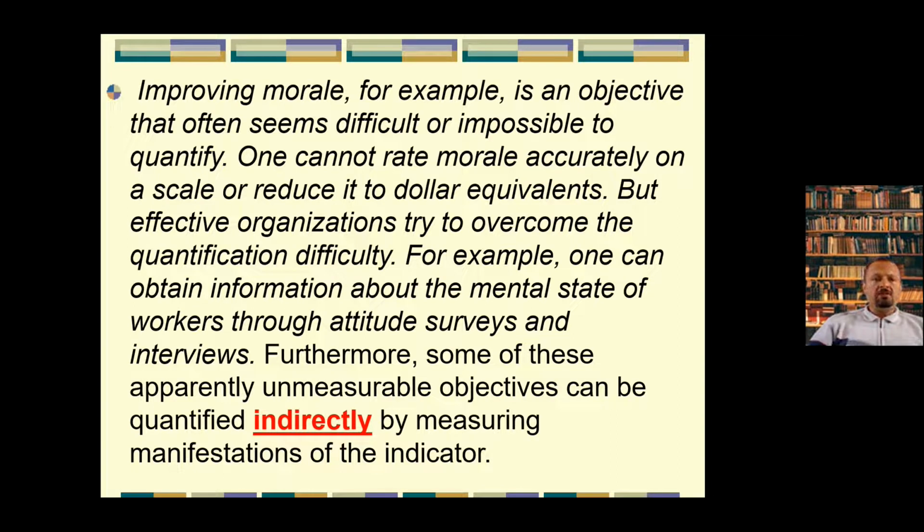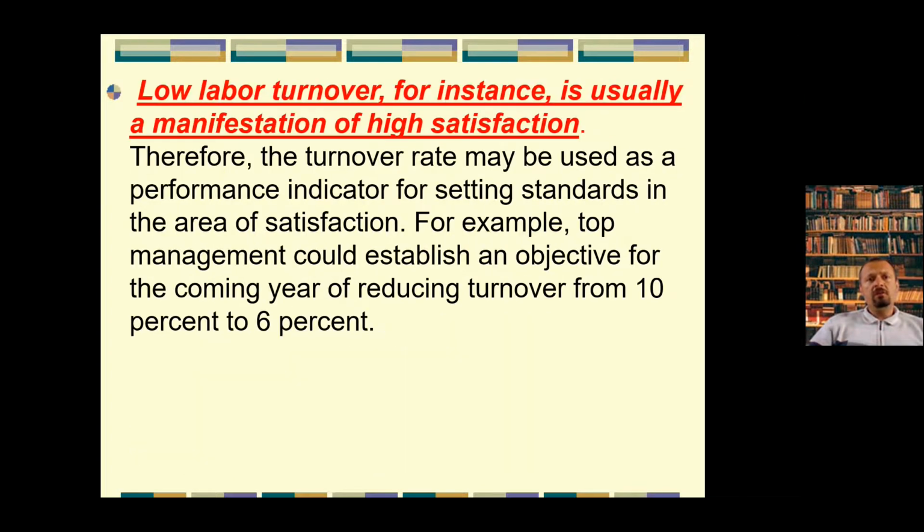For example, it is very difficult to understand if the motivation system of your staff is okay, so you can use, for example, labor turnover to check the motivating system of your company. So if labor turnover is low, you can say that the motivating system is completely okay.